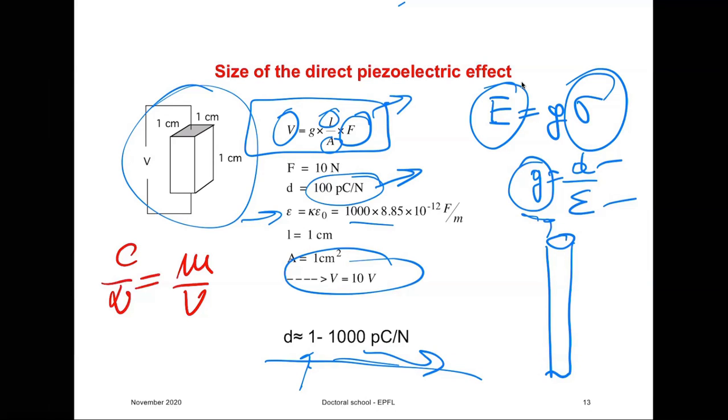It is very useful that when you are working with a direct effect, you express it in coulomb per Newton, and when you are working with a converse effect with actuators, you express the piezoelectric coefficient in meter per volt, although numerically the two values are exactly the same, thermodynamically equivalent, as we said before, but it's much recommended that you do that.